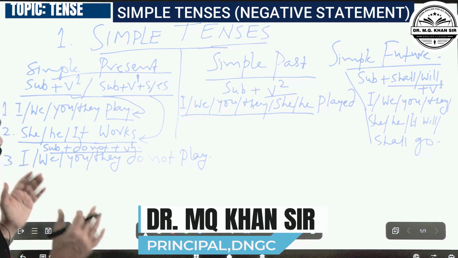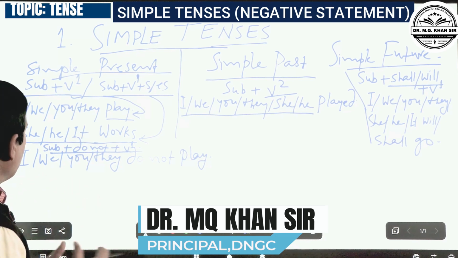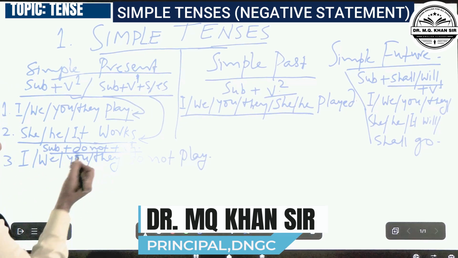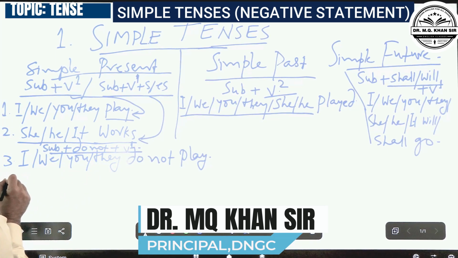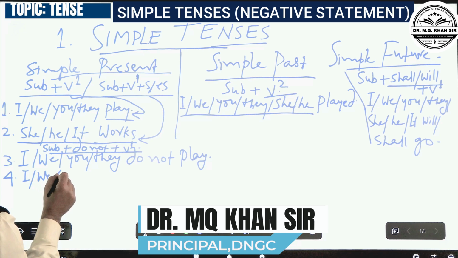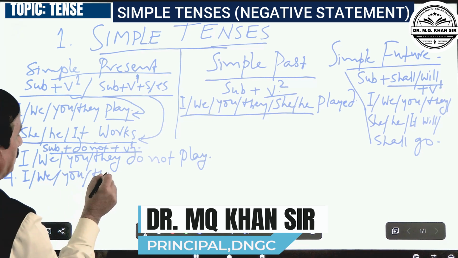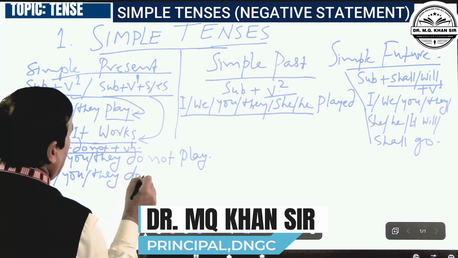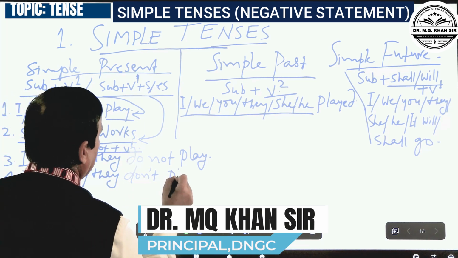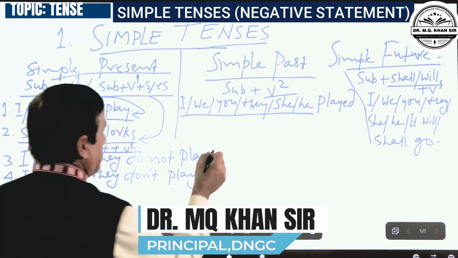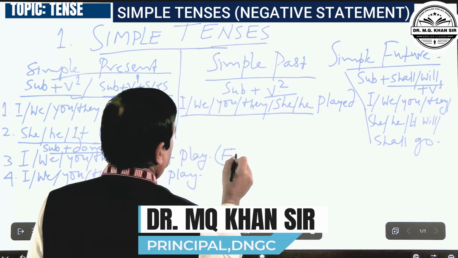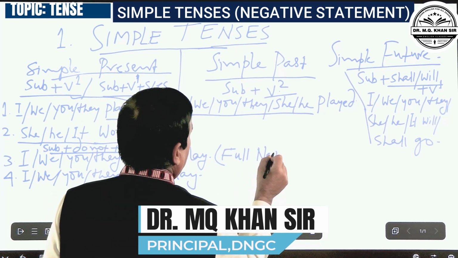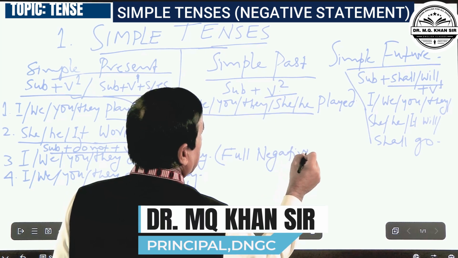But when it becomes contracted negative statement, that is called shortened negative statement, where the spelling of not is shortened, then this will be n apostrophe t. For example, look at sentence number 4. I, we, you, they, say, don't play. This first sentence number 3 is full negative statement.